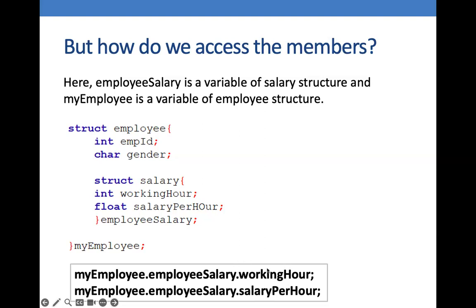For the salary per hour, that would be my employee dot employee salary dot salary per hour. Note that my employee and the employee salary are variables of the structures.